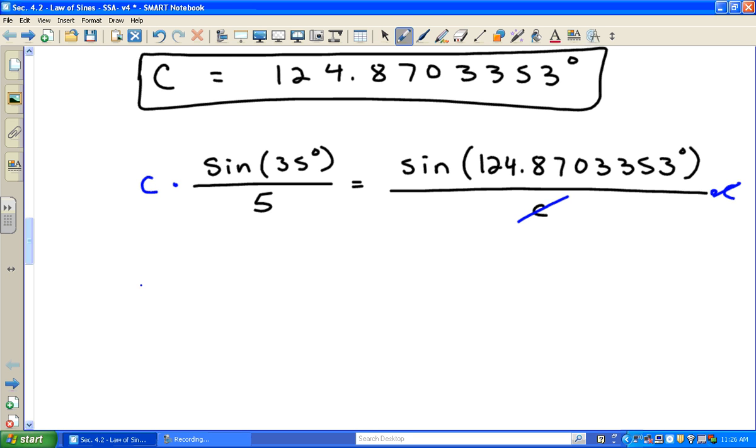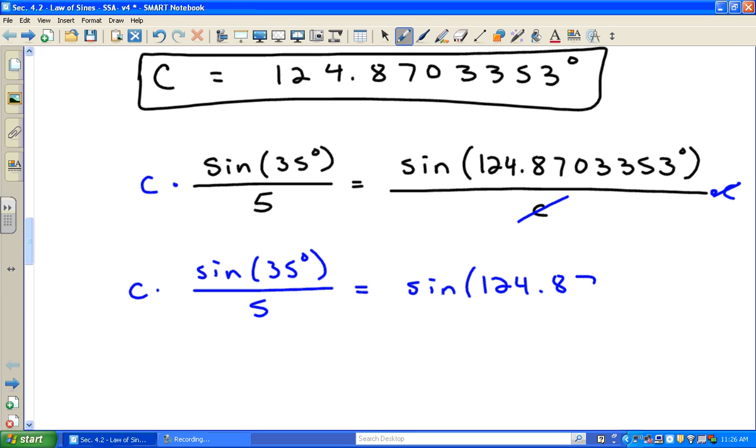And then from there, I will have this equation. Finally, what I need to do is multiply by the reciprocal of what I have on the left-hand side behind the C value.